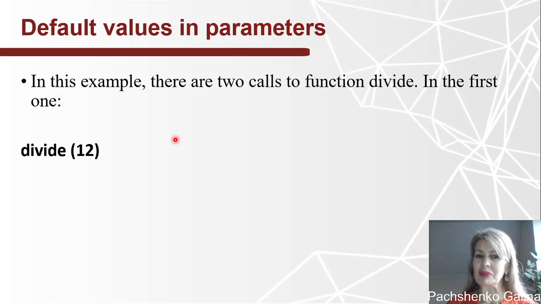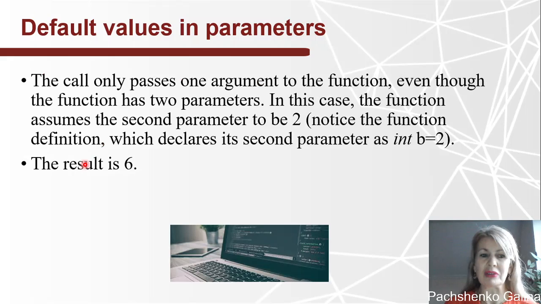In this example, there are two calls to function divide. In the first one, this line, divide with argument equal to 12. And second, when the argument is equal to 4. The call only passes one argument, this is the first line, to the function, even though the function has two parameters.